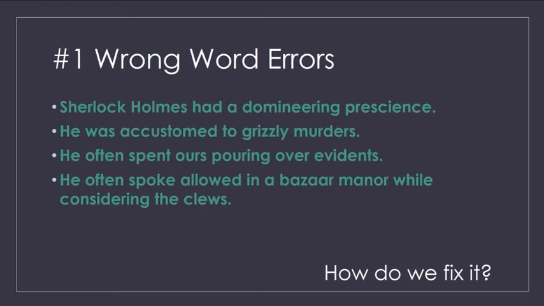But that is not the right hours. That is not the right pouring. And that is not evidence. He often spoke aloud, so we've got a wrong word error there, and a bizarre wrong word error there, manner wrong word error there, while considering the clues. And yes, clues, C-L-E-W-S, is a word that spell check will not catch, but you mean C-L-U-E-S.